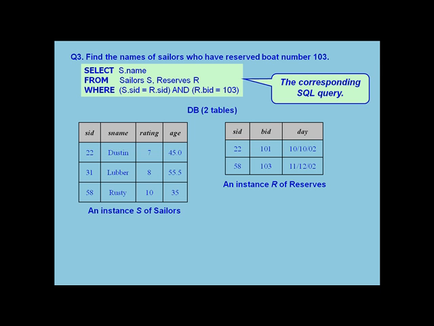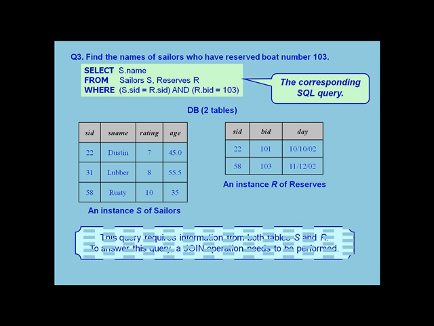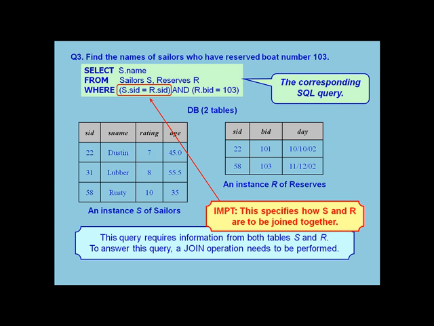The corresponding SQL query. This query requires information from both tables S and R. To answer this query, a join operation needs to be performed. S.zip is equal R.zip. This specifies how S and R are to be joined together.